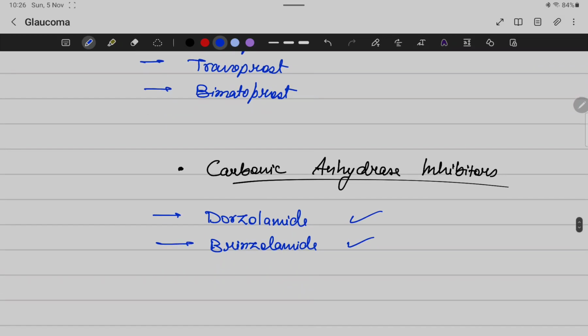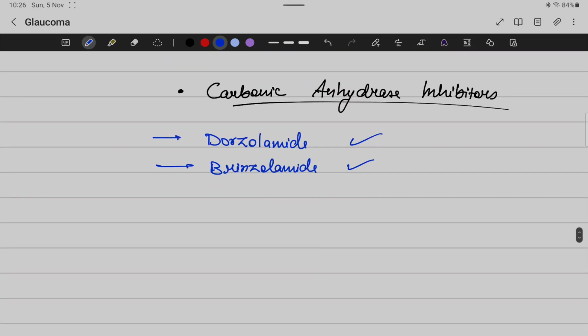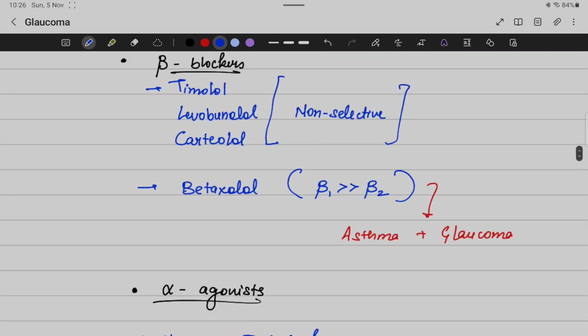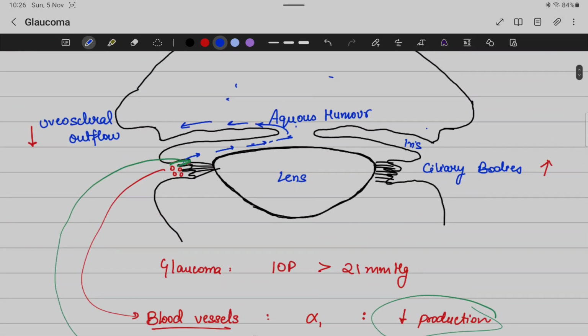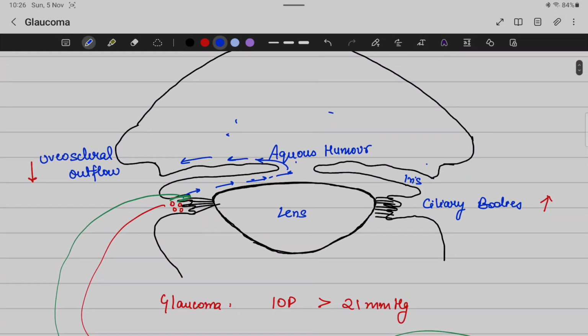Now, there are different types of glaucoma. There is open angle glaucoma, there is angle closure glaucoma. How do these differ? We'll come back to the diagram. You know, there at the outflow there is this thing called iridocorneal angle.